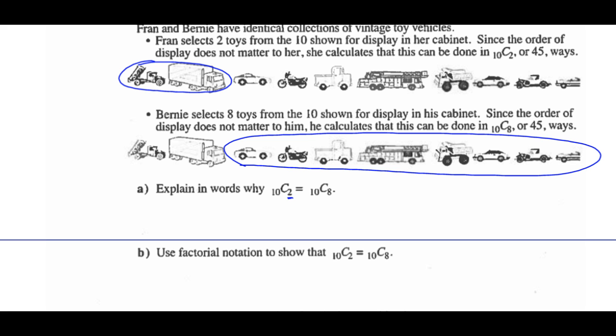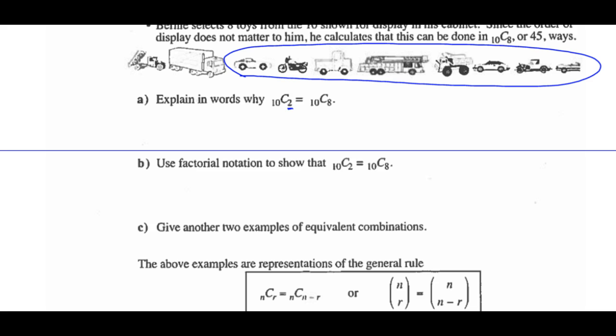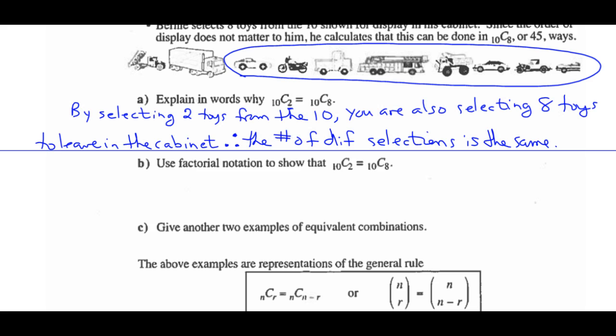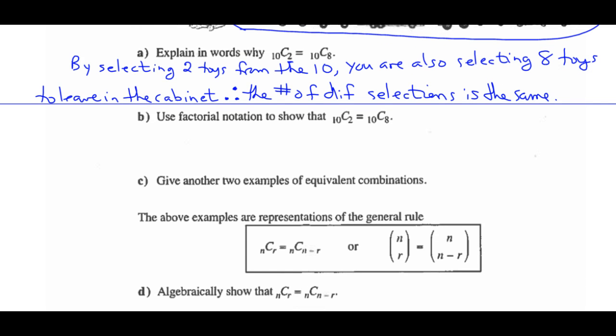Use factorial notation to show that 10 combinations of 2 is the same as 10 combinations of 8. So let's use that factorial notation. 10 combinations of 2 in factorial notation would be 10 factorial. It's on your formula sheet, or it's in the previous lesson. All divided by n minus r, so 10 minus 2 factorial, and r factorial, 2 factorial.